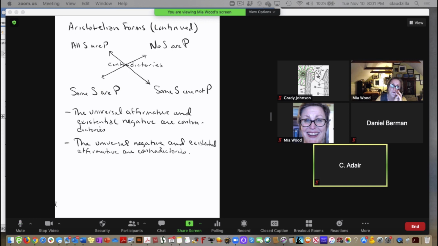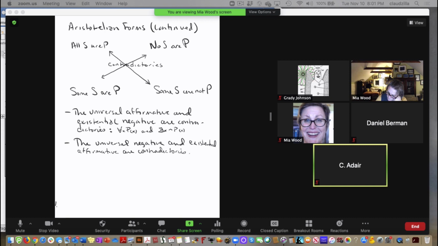We'll see if it helps. A universal affirmative and an existential negative can't be true at the same time, can't be false at the same time.